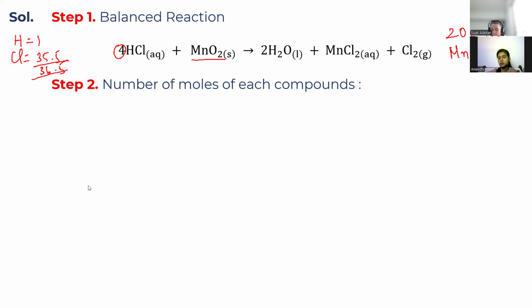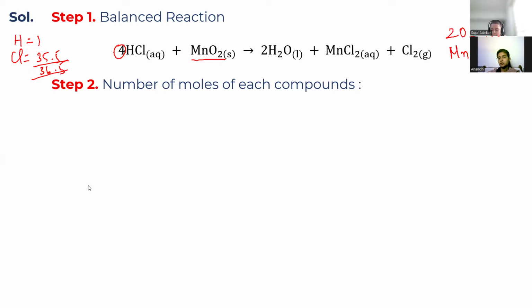So 0.3 divided by 4 is 0.075, and here you get 0.1. Which is greater? Manganese dioxide is greater. The one present in the lesser amount is HCl. So hence HCl is the limiting reagent.